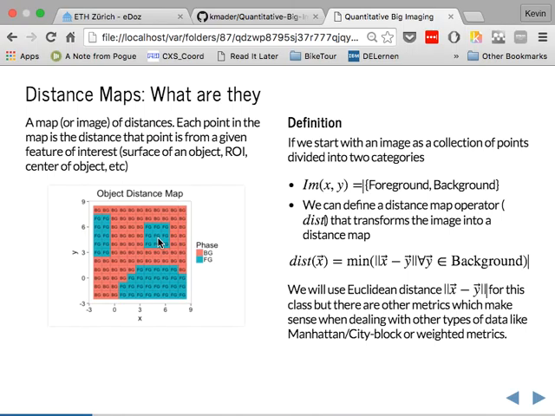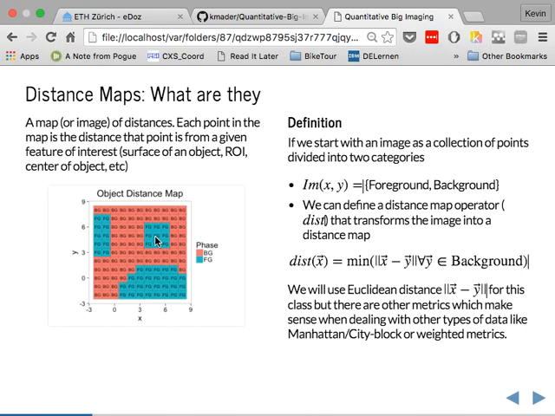One of the things we have to define here is the distance operator that we use. Typically when you say distance map without any specification, it means a Euclidean distance map. And that's the one we'll use in the exercises. But you can define a distance map with whatever distance metric you want. If this were a satellite image of a city, then Euclidean distance might not be the best metric because you can't drive diagonally through New York.